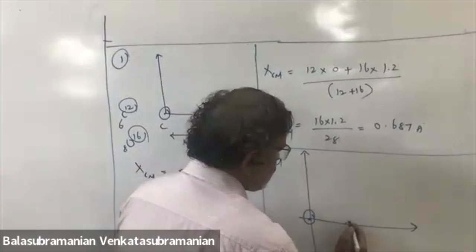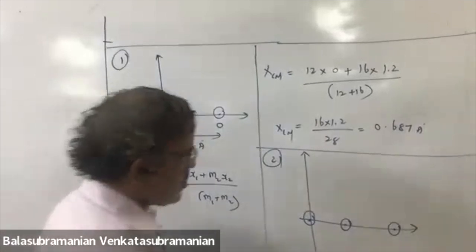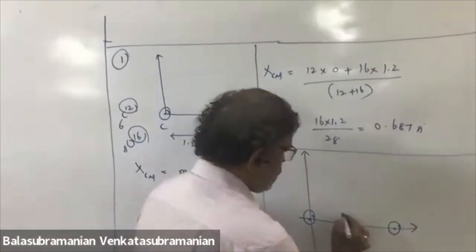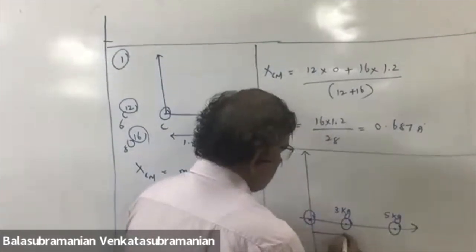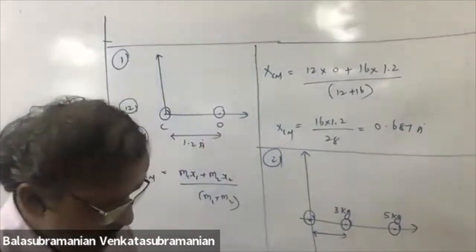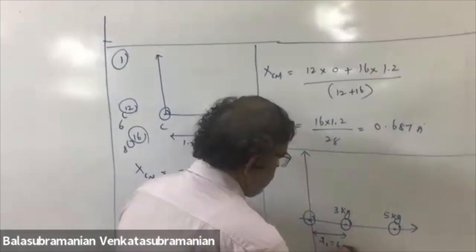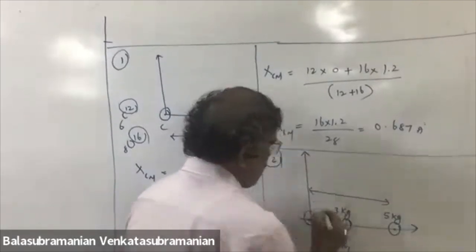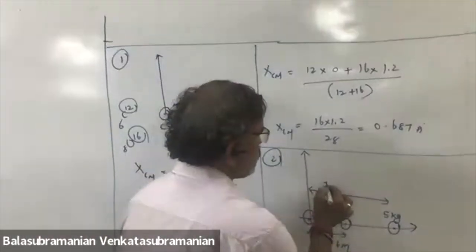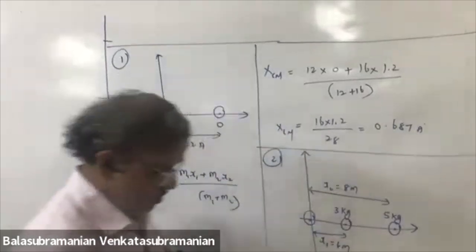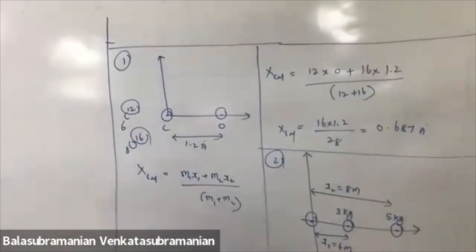The 3 kilogram mass is situated here, and the 5 kilogram mass at some other point. The distance from the origin is 4 meters, so x1 is equal to 4 meters. The 5 kg mass is at a distance of 8 meters, so x2 is equal to 8 meters. You have to calculate the center of mass position.